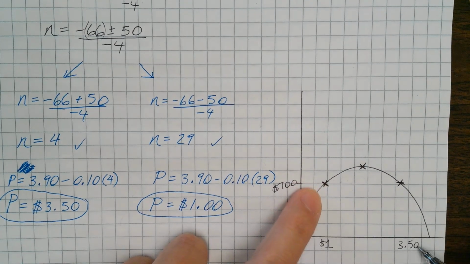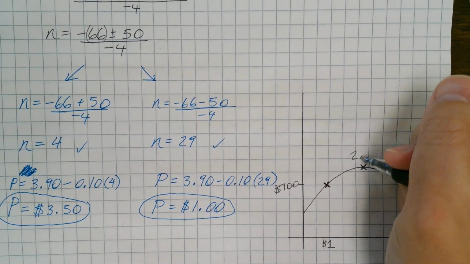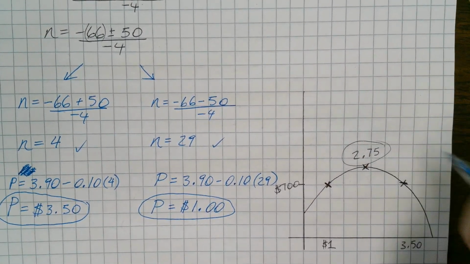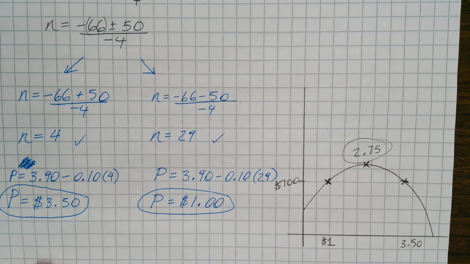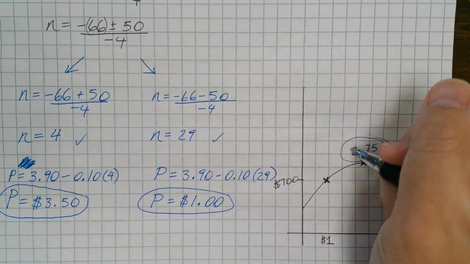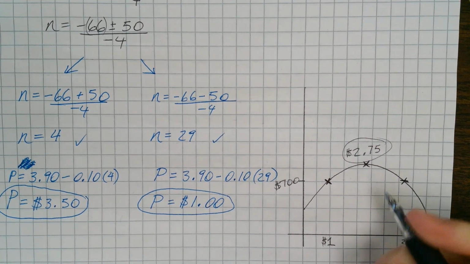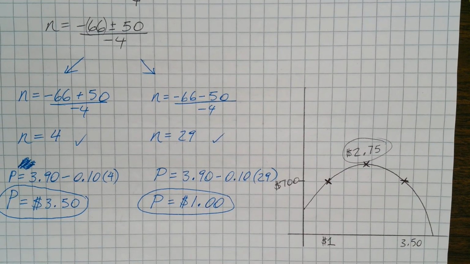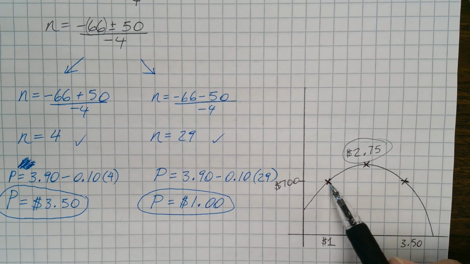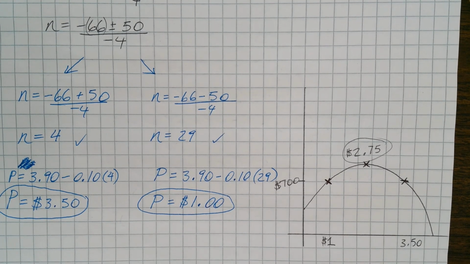So 1 plus 3.50 divided by 2, you'll get $2.75. Okay. So in this case, setting it at $2.75 would give you your maximum revenue. But otherwise, $1 and $3.50 would give you a revenue of $700.